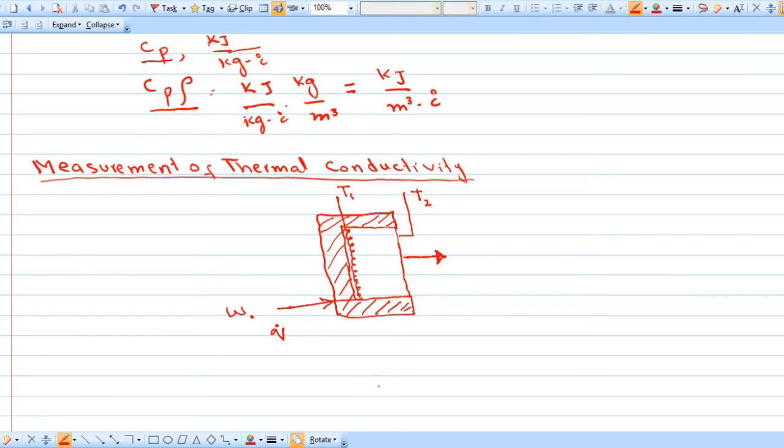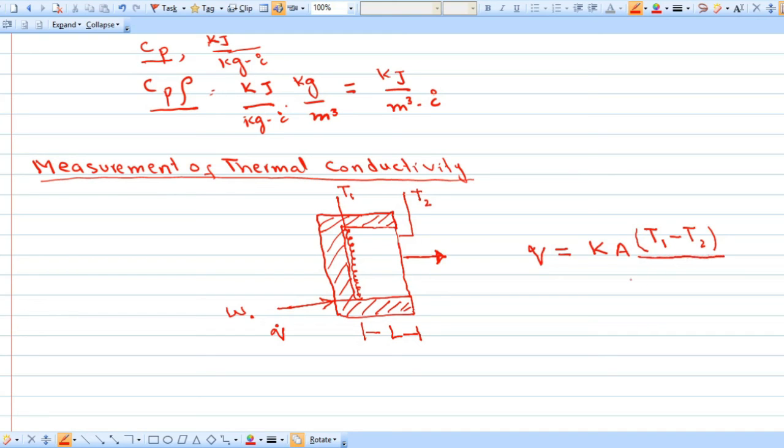We connect thermocouples or any other suitable temperature measuring device, and we know the thickness of the sample is L. Then thermal conductivity will be calculated using Fourier's law, kA(T1 minus T2) divided by L, where I do not show the negative sign because T1 is higher and T2 is less.